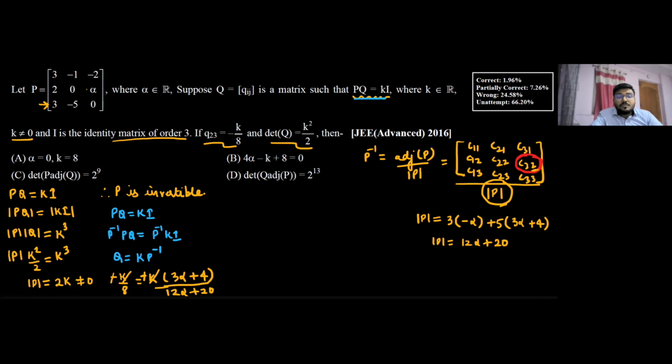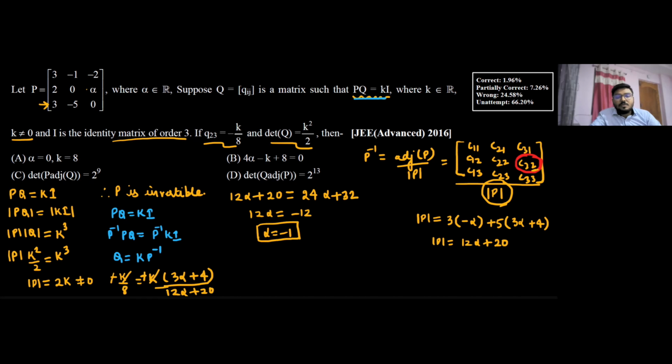And now we are left with 12 alpha plus 20 is equal to just 8 3s are 24 alpha plus 32. So which gives us 12 alpha equal to minus 12. So alpha is minus 1. We finally got the value of alpha.